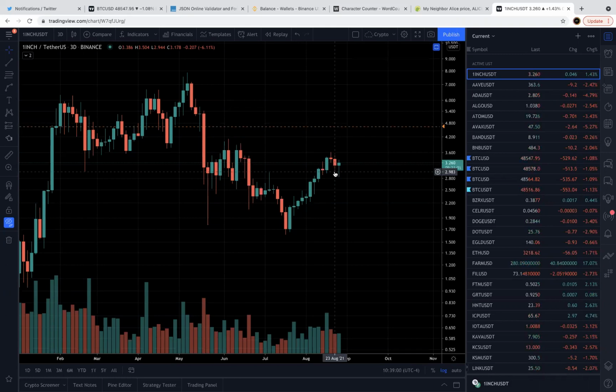In my point of view, alts are going to outperform when BTC is not going to fall 3%, and alts are going to do bad or worse than BTC when BTC goes down by 3 to 4% or greater. I think so. This is how I see. I don't believe in seasons. I believe that money at this moment is going to be more on alts.